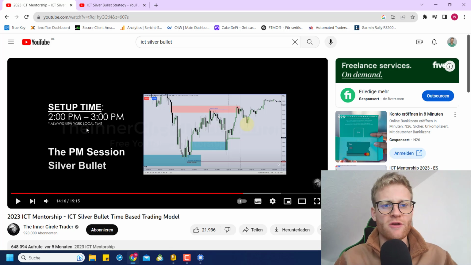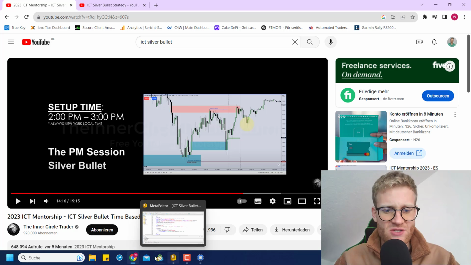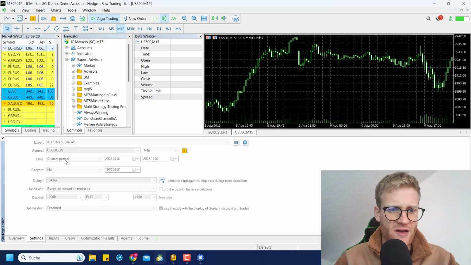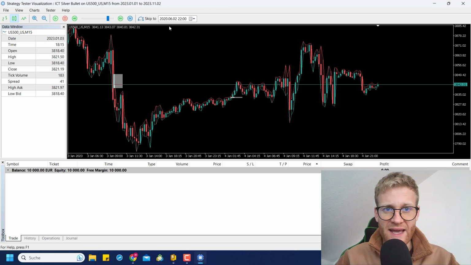It's always based on New York local time. That is why in the MetaTrader I'm using the US local time data also. So I use the data from the tick data suite and I made it so it is GMT -5, which is the New York local time. And it's -4 during daylight saving.